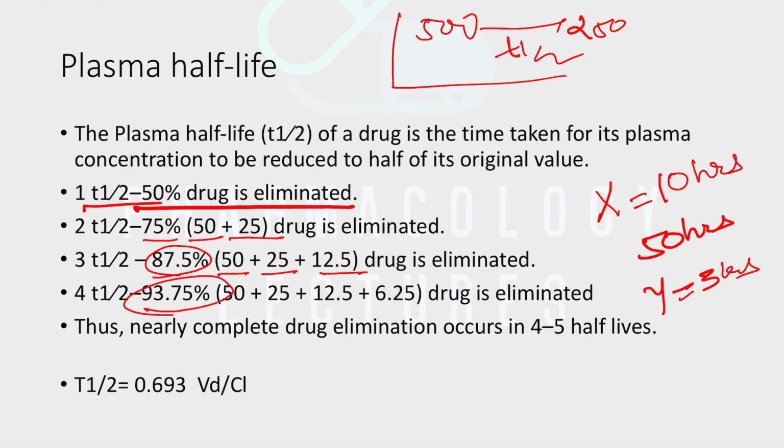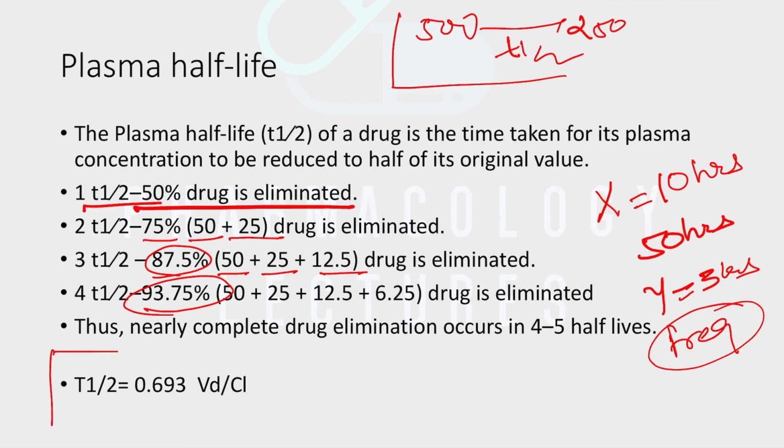Then this drug will get eliminated from the body within 15 hours or so, right? So this half-life is mainly required for determining the dosing frequency, how frequently we need to administer the dose. For that, plasma half-life is a very important thing.